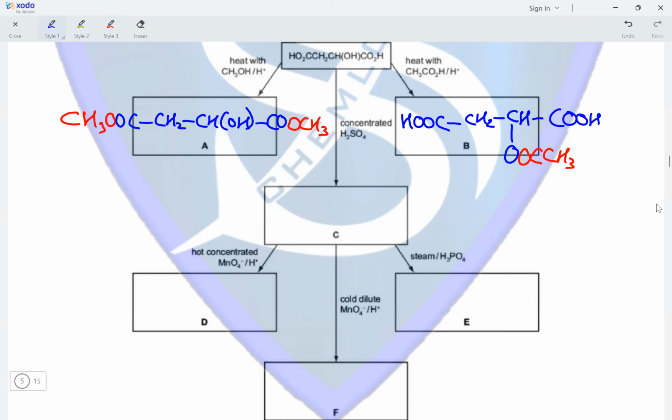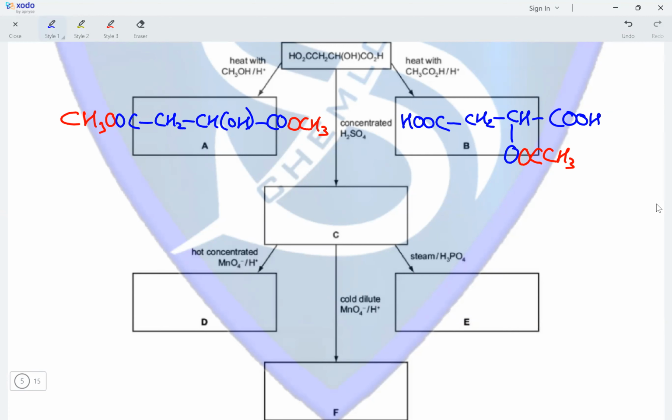Next, we have compound C, in which malic acid is reacted with concentrated sulfuric acid. So concentrated sulfuric acid is a dehydrating agent. So it will remove the OH group from malic acid and the hydrogen atom from the carbon on the left side of the structure drawn, because that is the only one having a hydrogen atom on it.